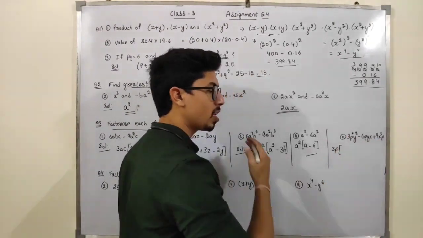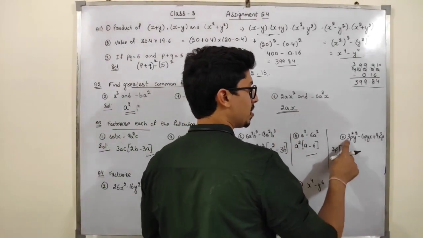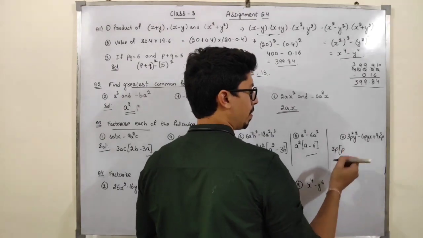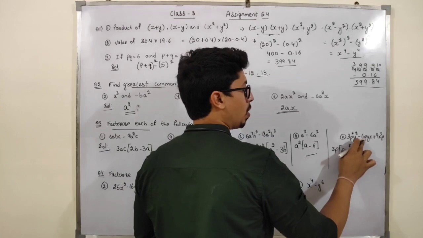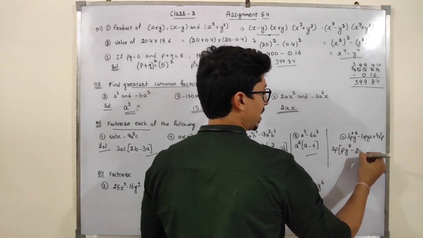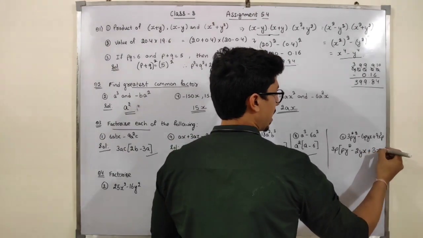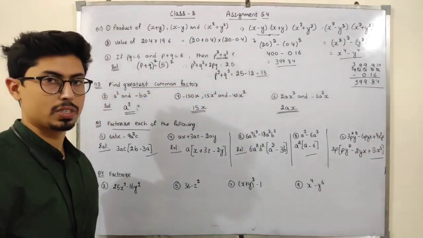So, 3p is the common factor. Now, the number that is left, 3 is here. Out of p square, p is out. So, p will be here now. Y square as it is. Minus. Out of this 6, 3 is out, p is out. So, 2yx is left. Similarly, 3x cube is left. So, this is our required answer. Okay, students?